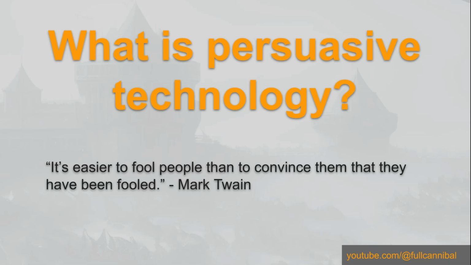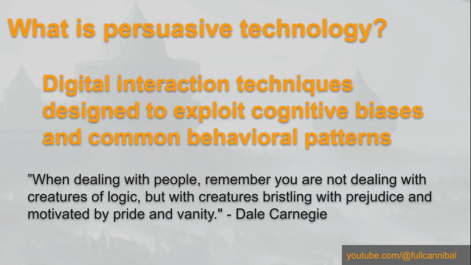So the first thing I'll do is define what I think it is. I'm going to define persuasive technology to be digital interactions designed to exploit cognitive biases or common behavioral patterns. We all think about things in different ways, but in many ways we are the same, and we have tendencies in thought patterns and the way that we perceive things.